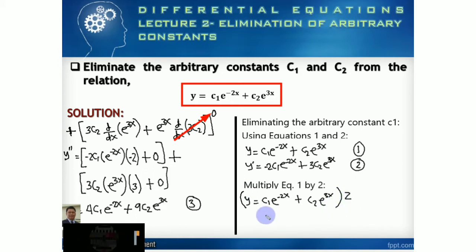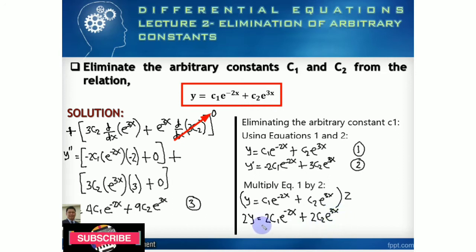So this will be equal to 2y, and then 2C1 times e to the power of negative 2x plus 2 times C2 times e raised to the power of 3x.